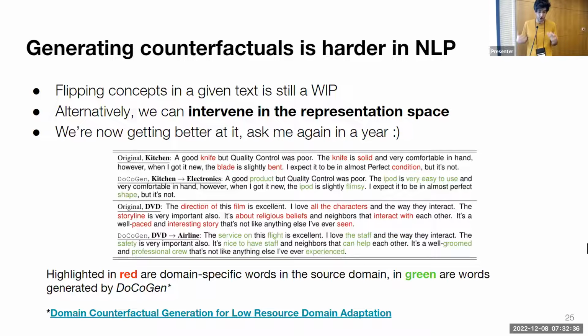Right? So it is harder in NLP. Flipping a given concept, given text is still very much a work in progress. And I think that when we can't do it, we can still think about ways of doing that in the representation space.